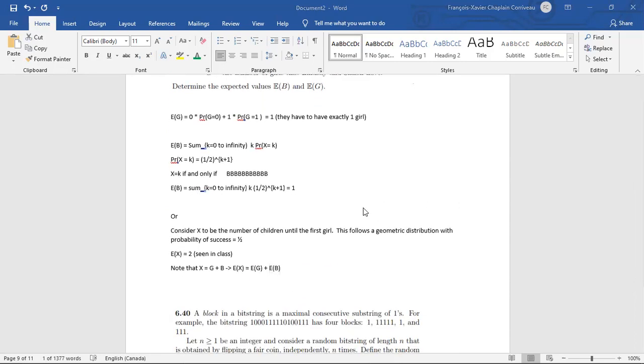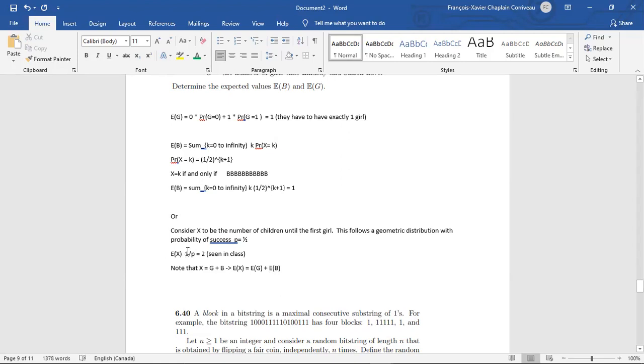I'm sorry, how did you get expected value of x equals 2? So that's a theorem seen in class. When you have a geometric random variable with probability of success p, the expected value of that random variable is 1/p, which is 2 in this case.